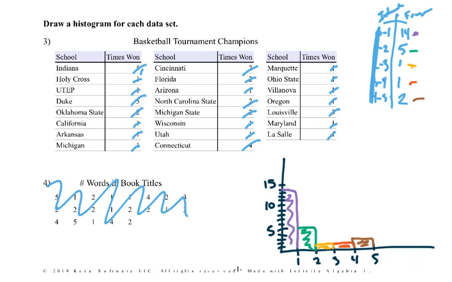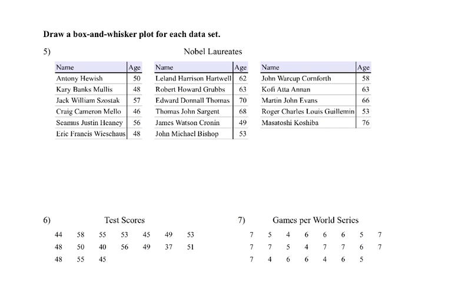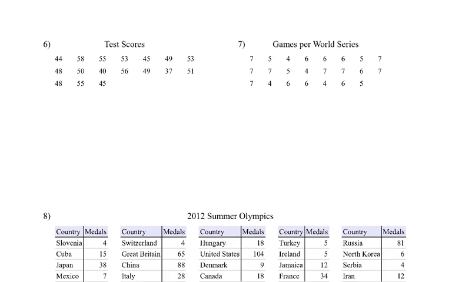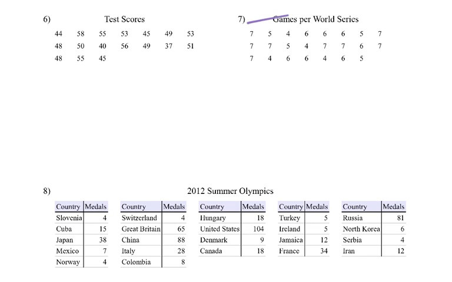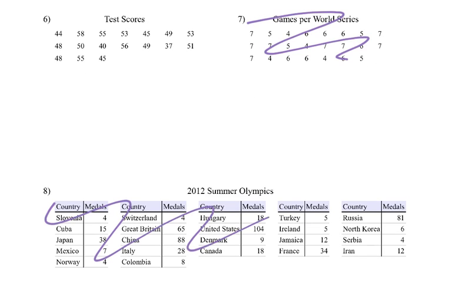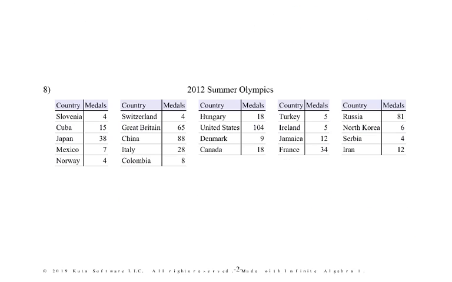Now, all of these plots we can do on the calculator as well, but we'll do that on another video where we show you how to do it on the calculator. So for a box and whisker, let's take a look at these test scores. Actually, let's do the Olympics. That one sounds funner.